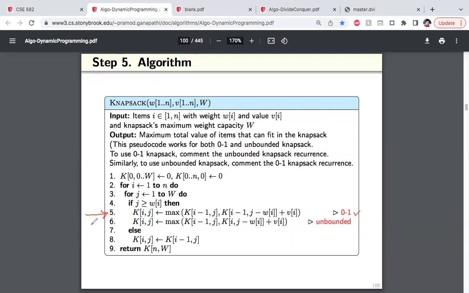If you include line 6 but not line 5, then you get the unbounded version pseudocode. See, the same pseudocode, comment either line 5 or line 6, exactly one of these two lines, and you get an algorithm. This is kind of reuse also, and it's beautiful, and how they are related is just in 2 characters, -1.